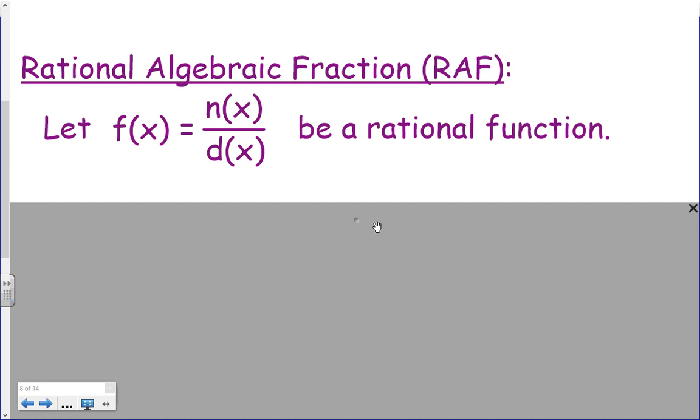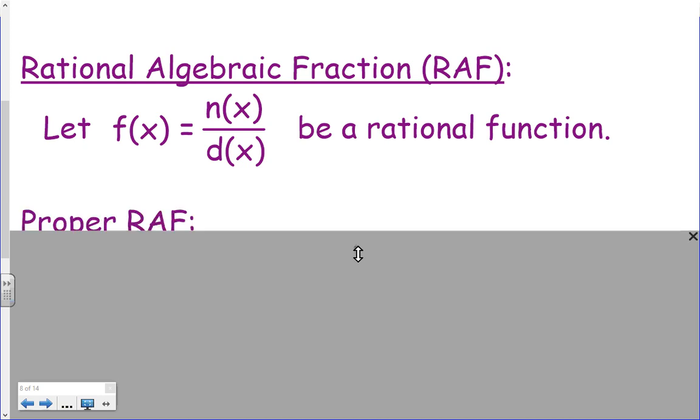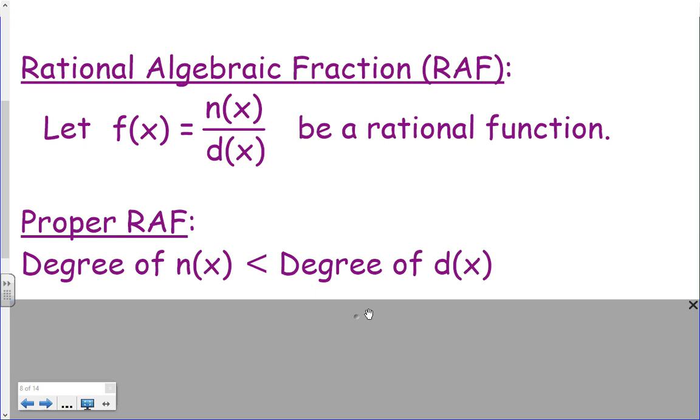That's what we defined in the first part of this as a rational function, or rational algebraic function. So we can end up with a proper rational algebraic fraction if the degree of the numerator, n of x, is less than the degree of the denominator, d of x. We call that a proper rational algebraic fraction.